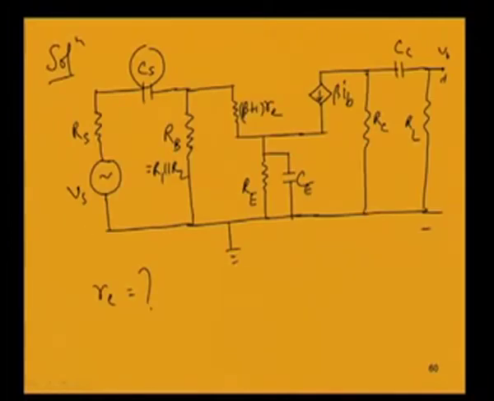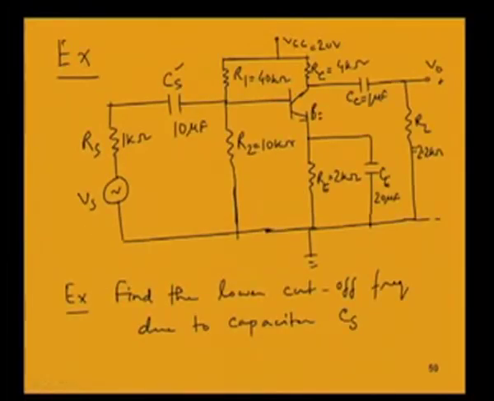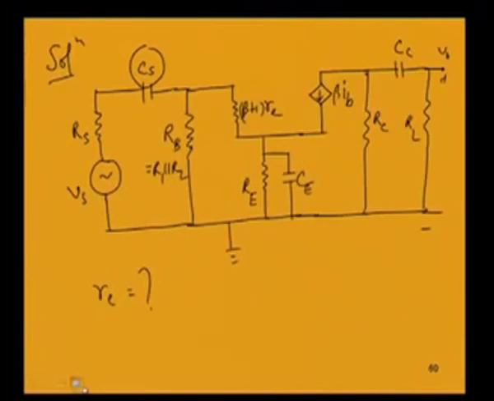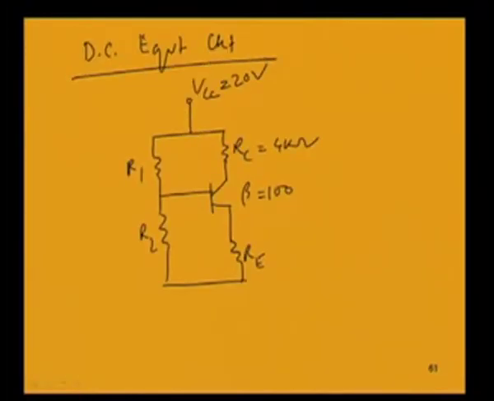We have to note the beta value in order to find out the parameters. So Re value is 2 kilo ohm, R2 is 10 kilo ohm, R1 is 40 kilo ohm.